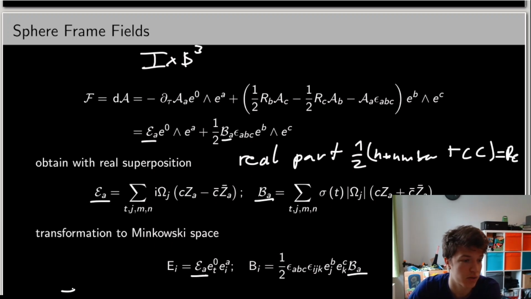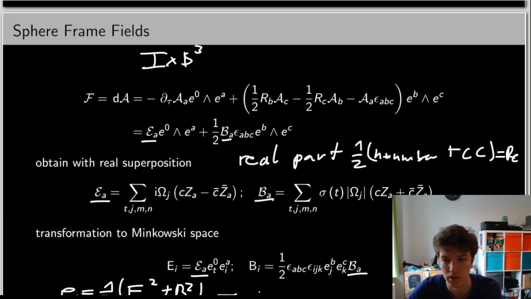And this also means that the energy density, which is E squared plus B squared, is also proportional to something with those curly E squared.